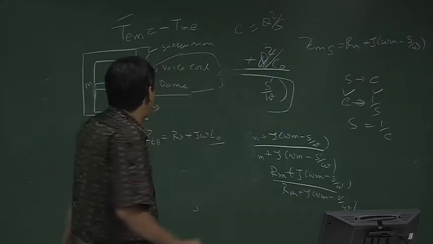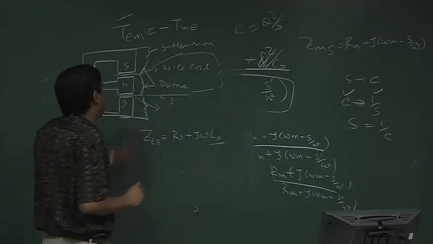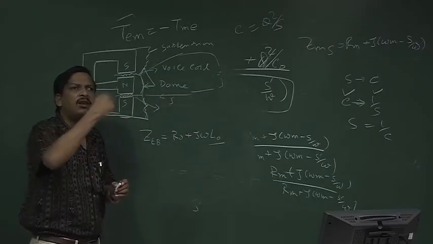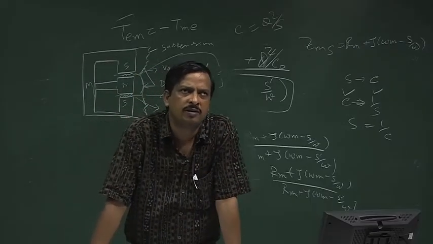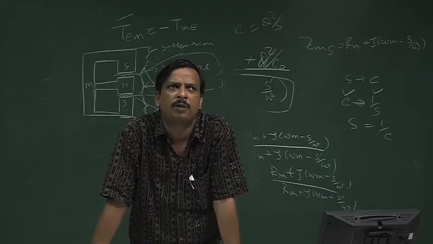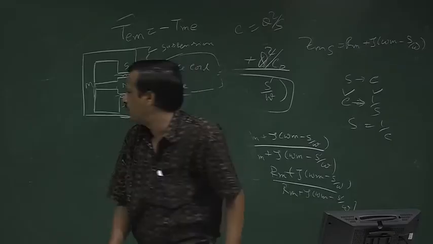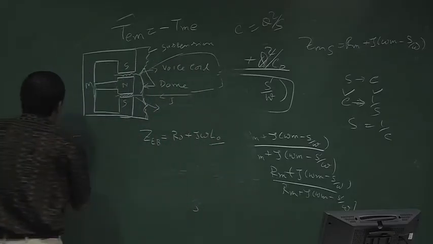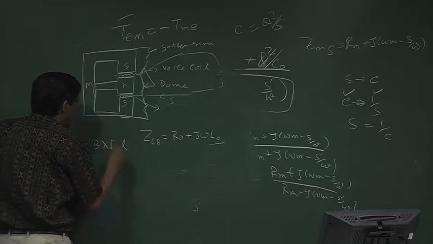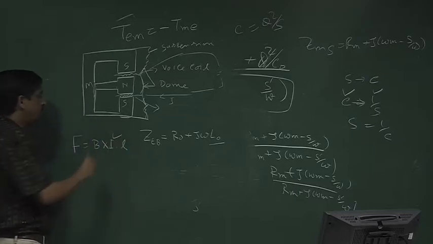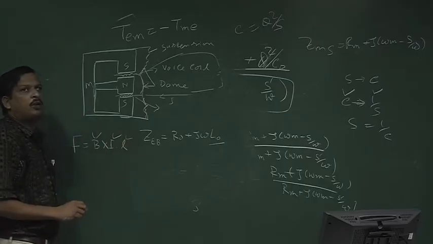Now, if I pass a current I through the coil, depending on the magnetic field, a force will be induced. That force is F equals B cross I into L, where I is the current, B is the magnetic field strength and L is the length of the coil.